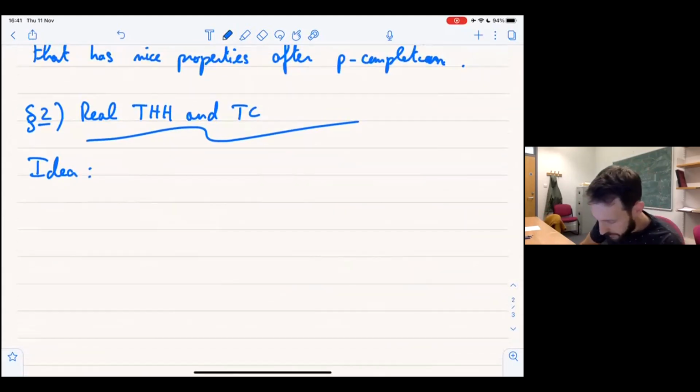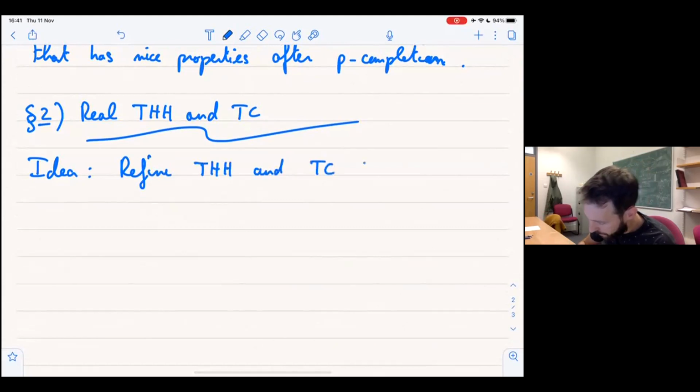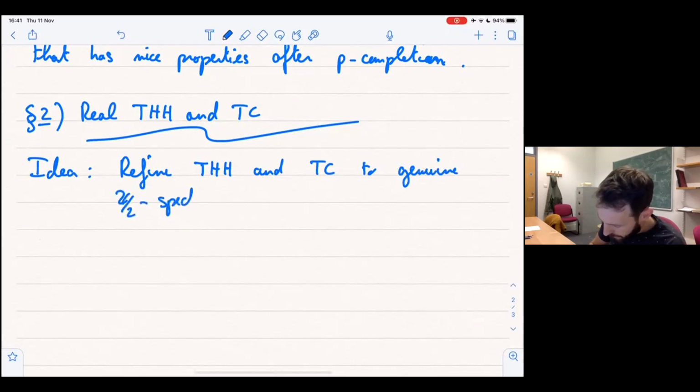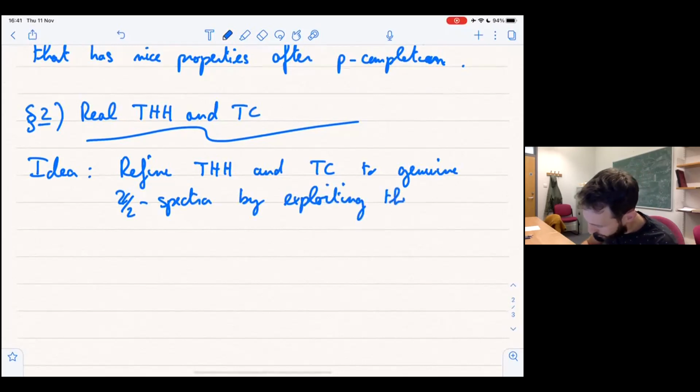So the idea is to refine THH and TC to genuine Z/2 spectra by exploiting the reflection of S1.